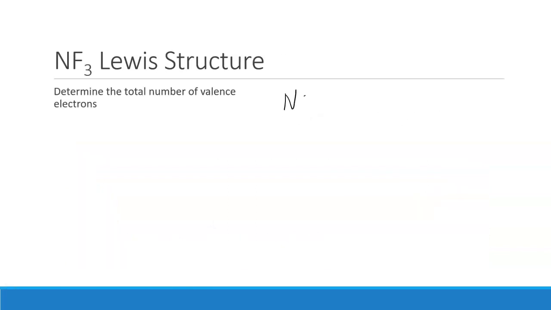So going back, nitrogen has 5 and fluorine has 7. Remember that first number is the number of valence electrons coming off the periodic table. And then we have to multiply that times the number of atoms that we have in our formula, where it's assumed that we have 1 nitrogen and 3 fluorines based off of our subscripts.